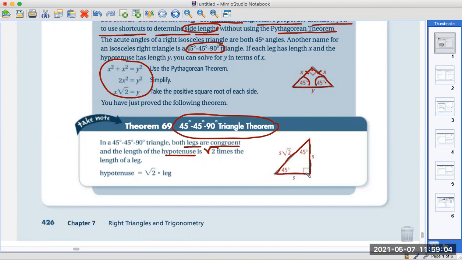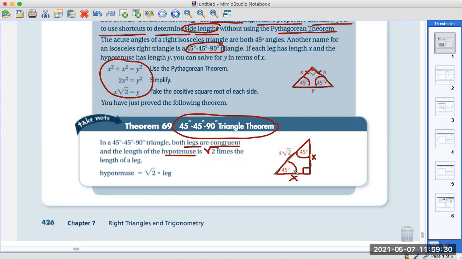And in our picture, we have our 90-degree angle here, 45-degree angles here, and they call the length of the leg S, which is a letter that stands for a number. Here in this picture, they called it X. It can be any variable. Let's make it X just so we don't get mixed up.